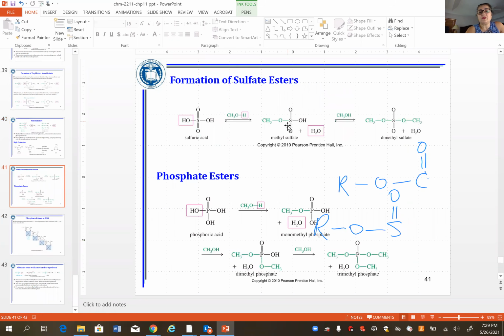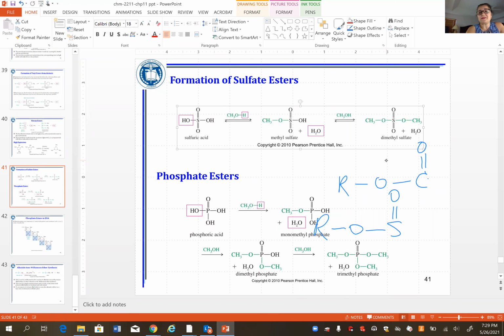So you have S double bond O, S single bond O, general format. Alcohol plus acid gives you ester. Now, if you use sulfuric acid, you have sulfate ester. If you have phosphoric acid, you get phosphate ester. If you use nitric acid, you get nitrate ester.